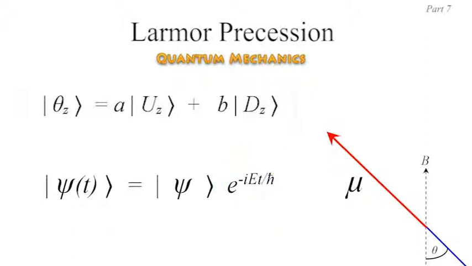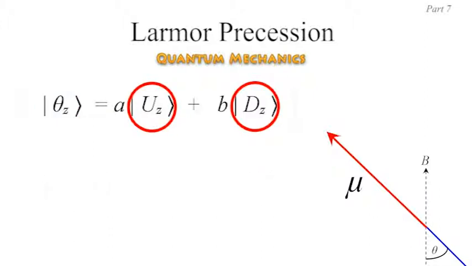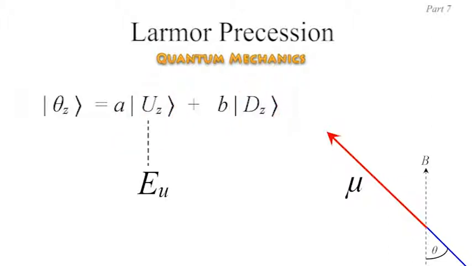Also, because our state theta is in two parts, some up and some down, what we really need to know is the energy of the up state, I'll call it EU, E up, and the energy of the down state, ED or E down. You should recall that when the electron spin is pointing up in a magnetic field, it has a different energy to when it's pointing down.